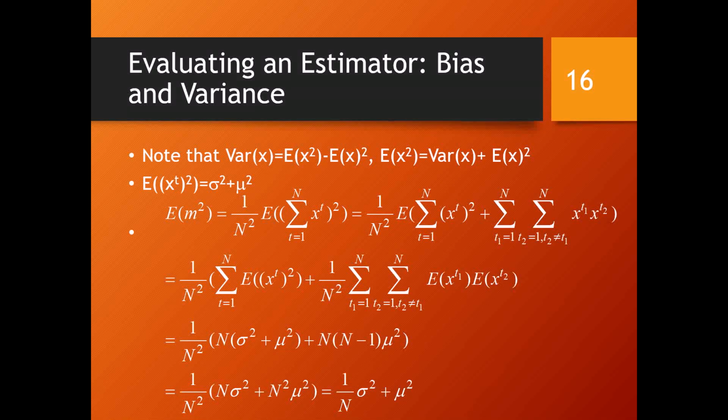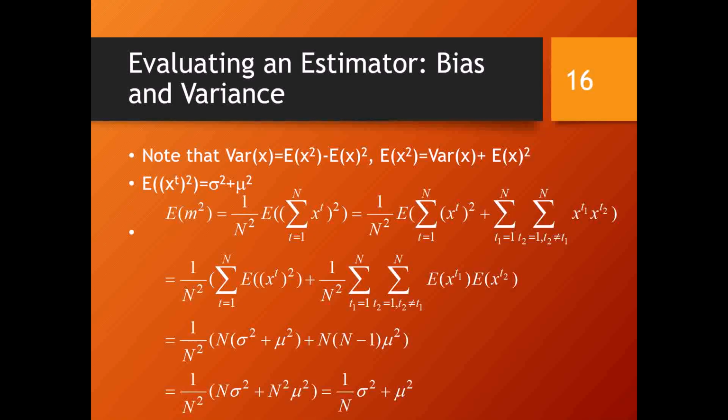So this term, we know, is sigma squared plus mu squared, and there are n of them, so n times this. And this term, this is mu and this is also mu, so mu times mu is mu squared, but we have n times n minus 1 terms. So n times n minus 1 times mu squared.